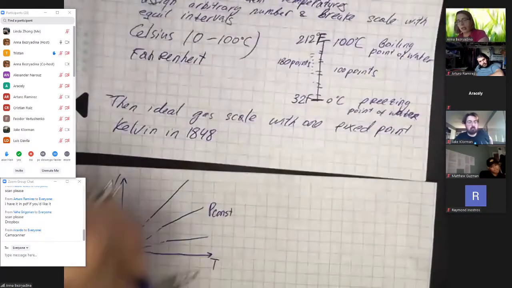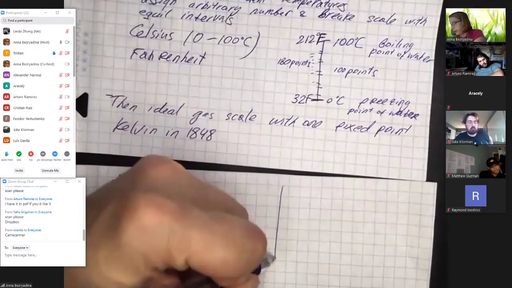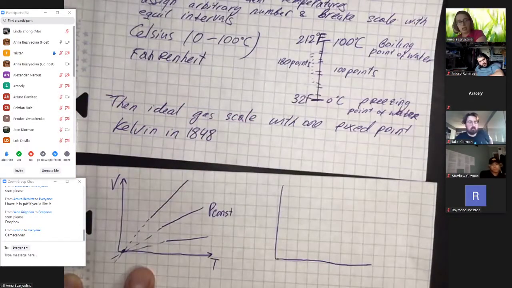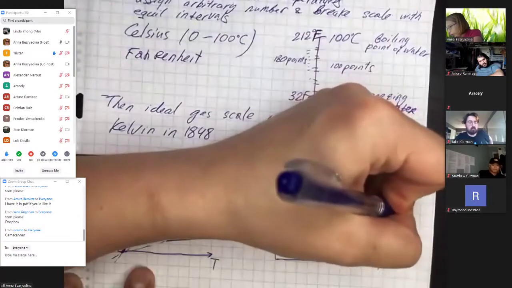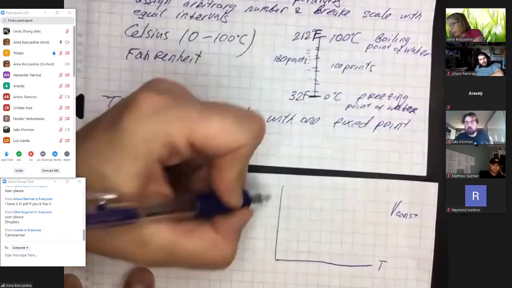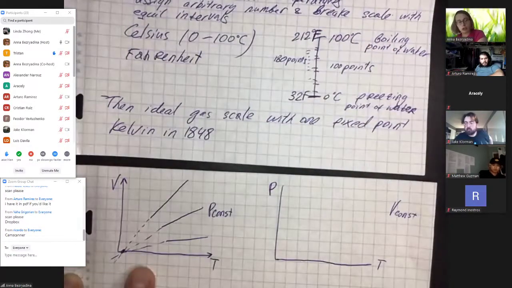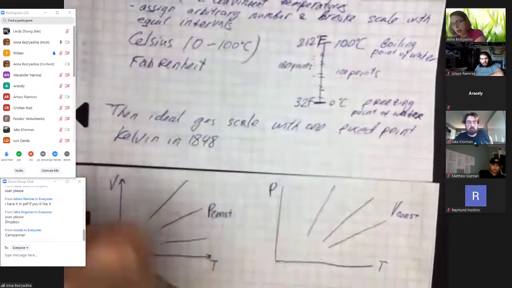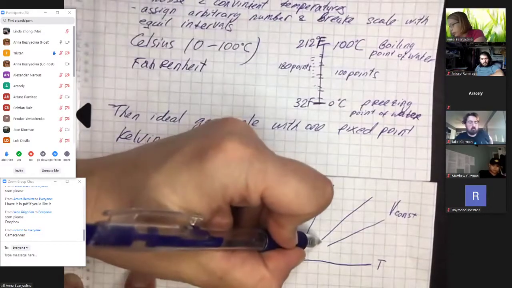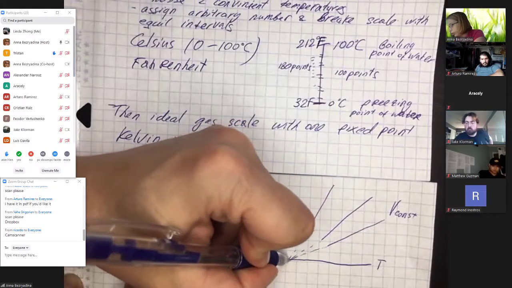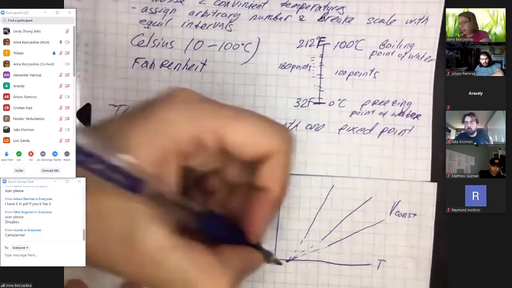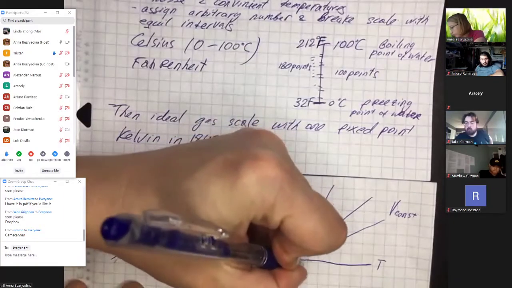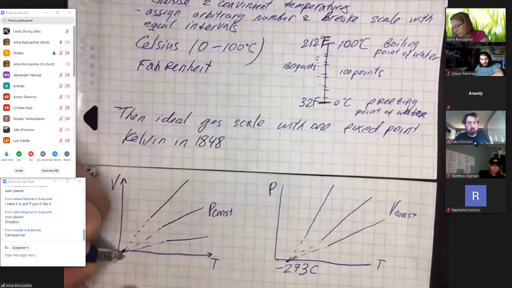And he did the same with a graph where he kept volume constant and changed pressure as a function of temperature. He found the behavior of these gases, and when you overlay them, they all intersect at the same point, and this point is minus 273 Celsius.